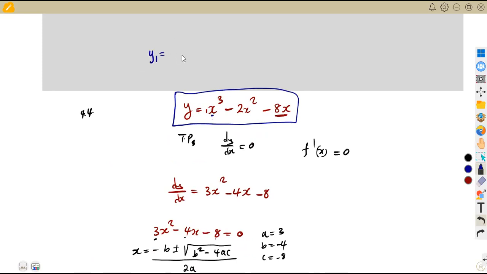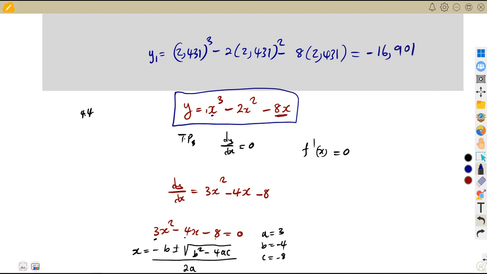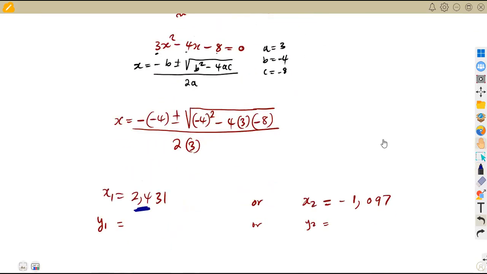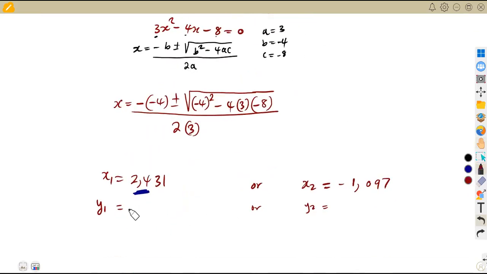So in place of x, we're going to have 2,431 to the exponent of 3 minus 2 into 2,431 to the exponent of 2 minus 8 into 2,431. So you have to substitute each part. There you're going to obtain negative 16,901.